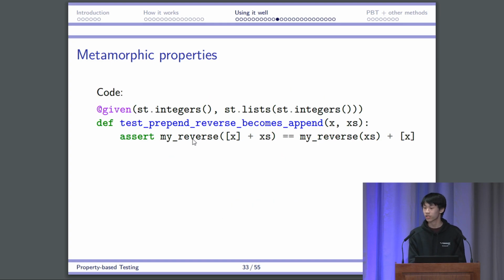Okay, and the code to specify that property looks something like this. We assert that applying the reverse function to a single element added to the front of x's is equal to reversing the list and then adding the single element to the end afterwards. Now, this property is much stronger than that double reverse property that we had earlier.